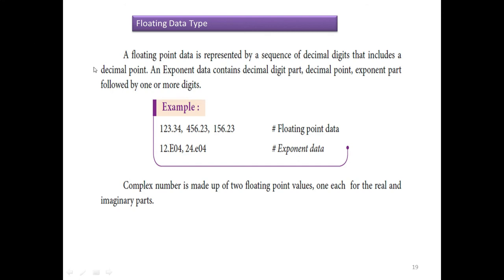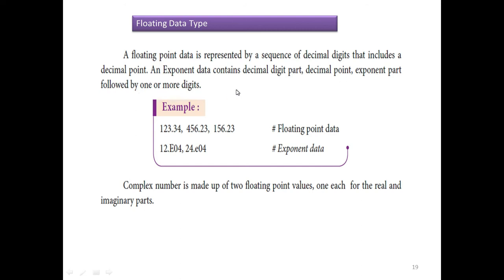And then floating data type, which means fractional numbers. For example, 123.34 is a floating number. Floating point data is represented by a sequence of decimal digits that includes a decimal point. Exponent data contains a decimal digit part and an exponent part.